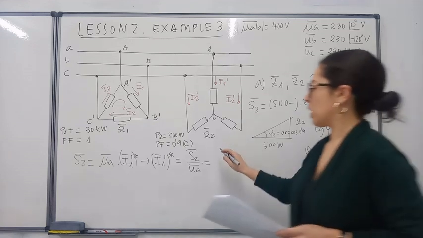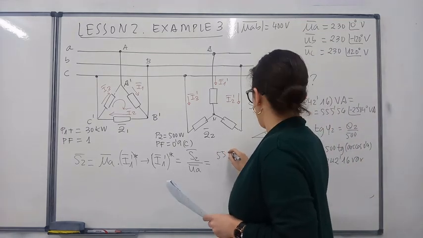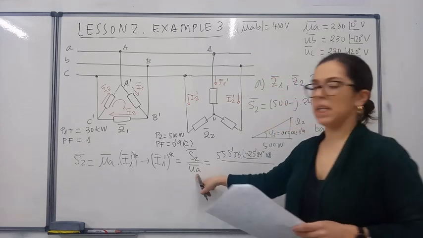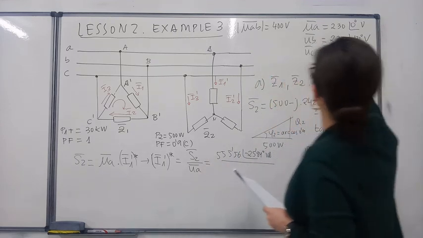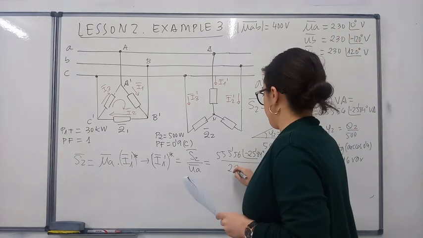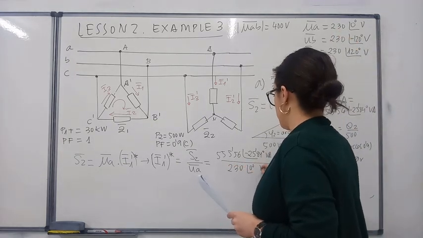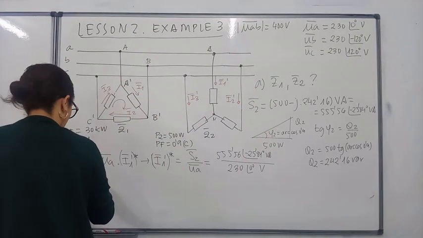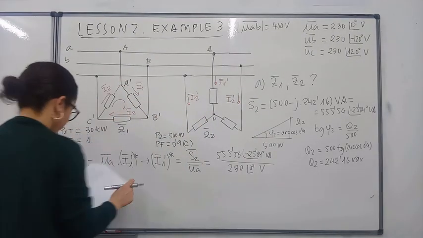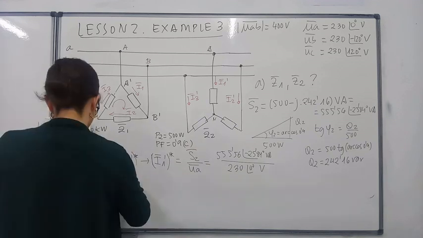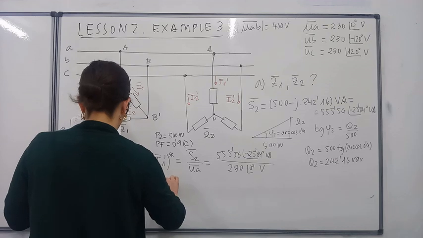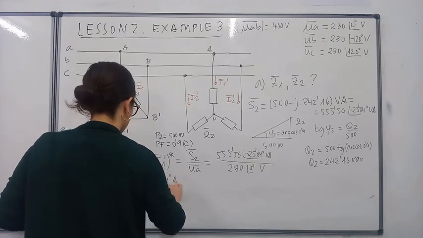So you can introduce that in polar form in this expression here, and divide by the phase voltage, which was 230∠0°, and then the conjugate of I1 prime would be 2.415∠-25.84° amps.